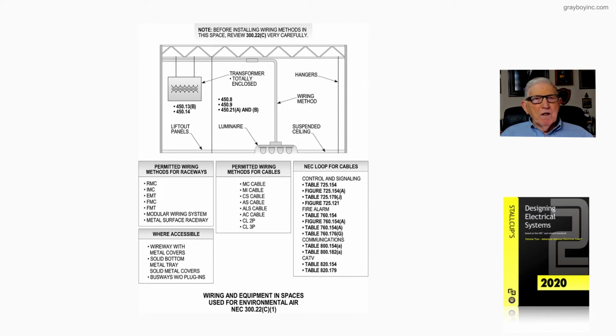Well, the permitted wiring methods, as you see in the illustration at the left, boxed in, rigid metal conduit, IMC, EMT, FMC type flexible metal conduit, flexible metal tubing, any kind of modular wiring systems, metal surface raceways, any of those could be used in that suspended ceiling area.